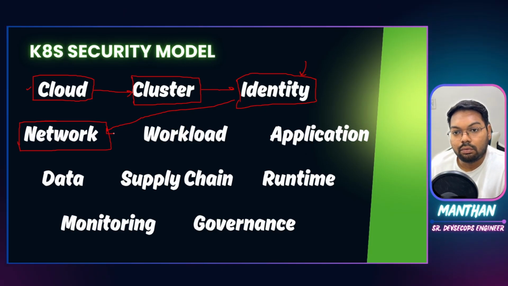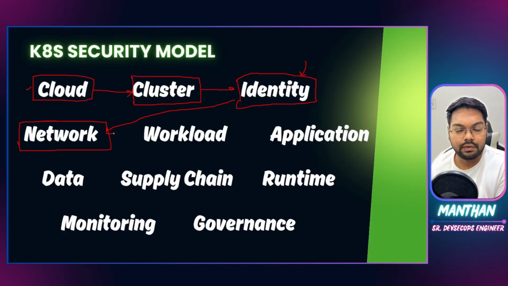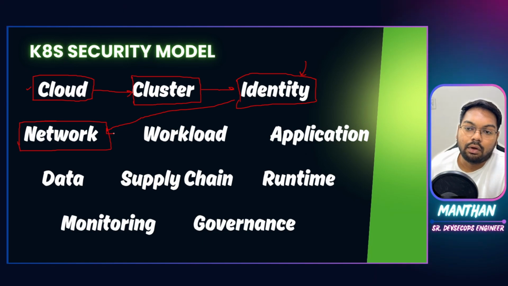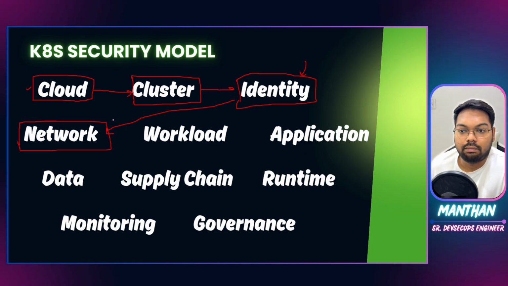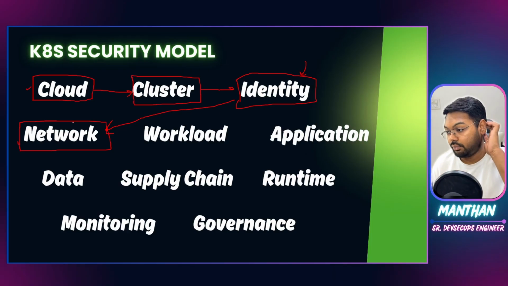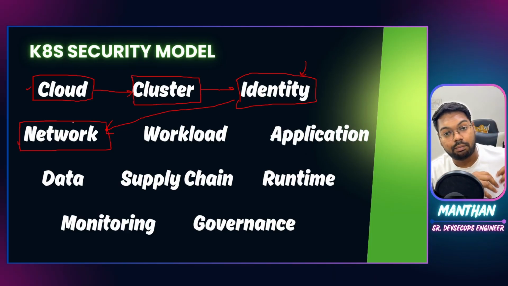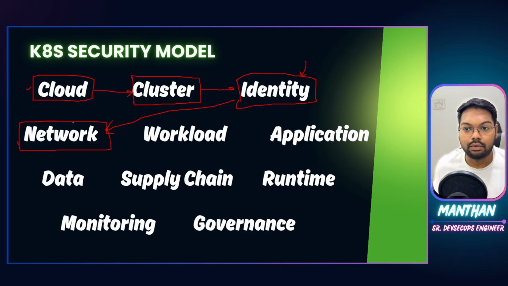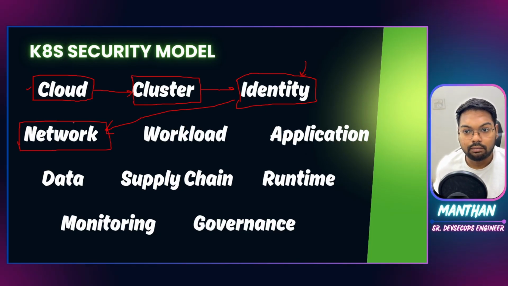Are there any security groups blocking access to certain ports, or are all the ports of your instances open? Is there any SSH allowed on port 22? Is it open to other people? So network configuration is also important. Are you using NAT gateways, or are you just giving the private subnet access to the entire internet? So these kinds of things you need to check first of all at the network level.